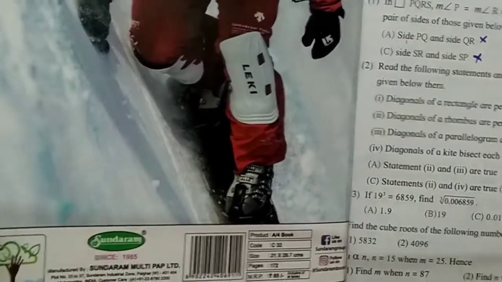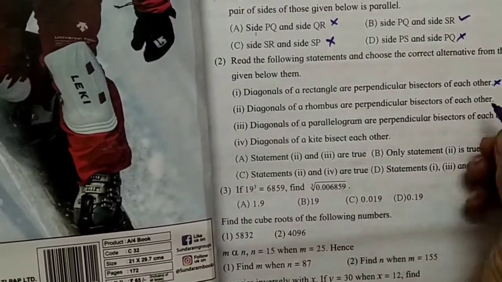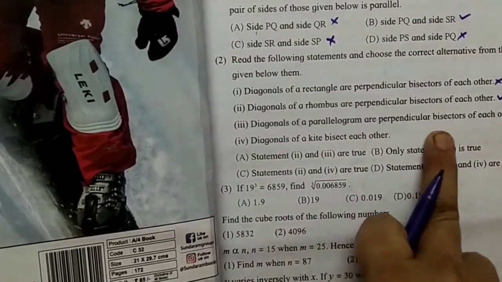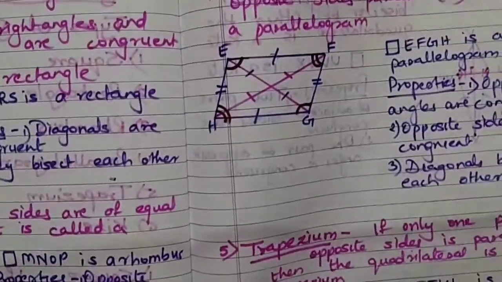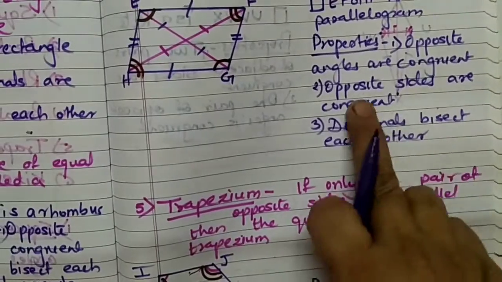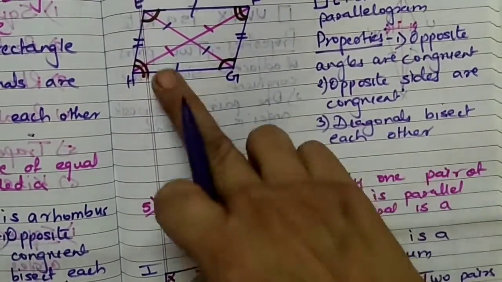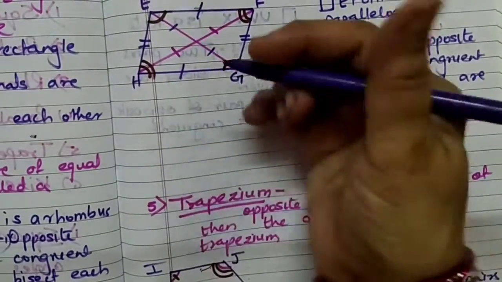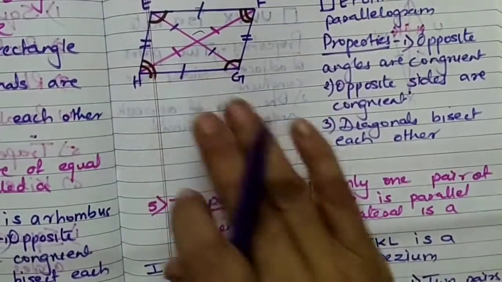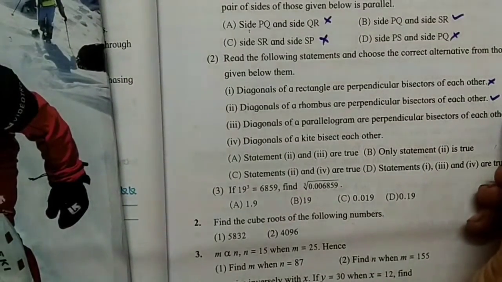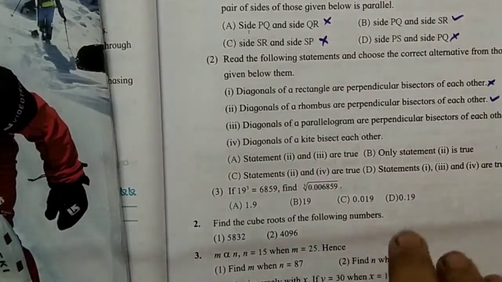So the statement that diagonals of a rhombus are perpendicular bisectors of each other is true. Then for the parallelogram, diagonals bisect each other, but here also they are not perpendicular bisectors, meaning the angle is not necessarily 90 degrees. So this statement is not true.